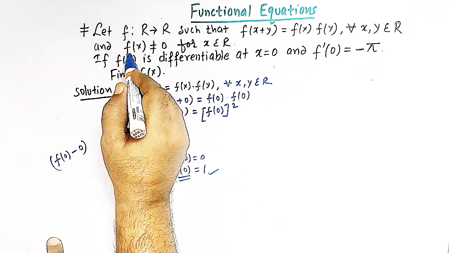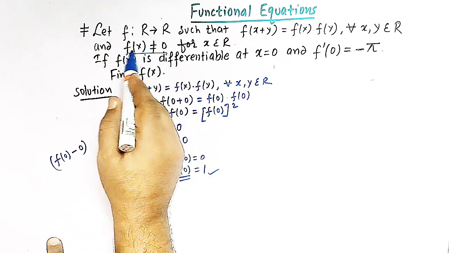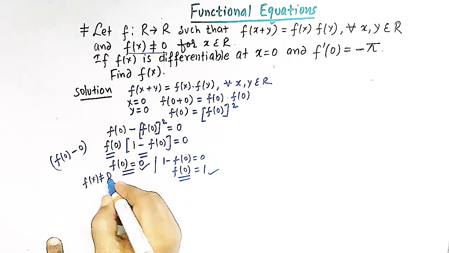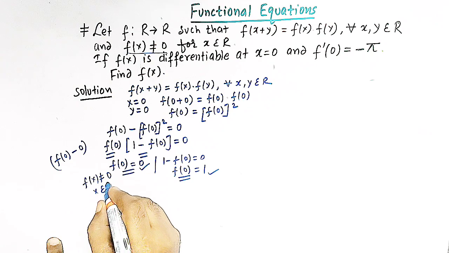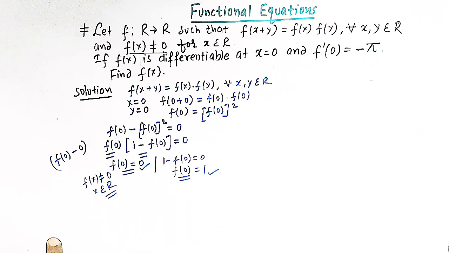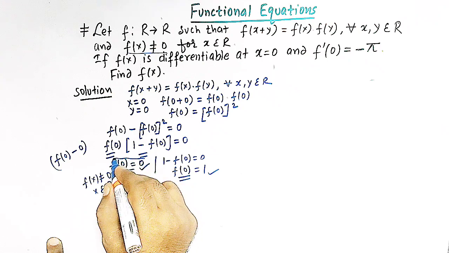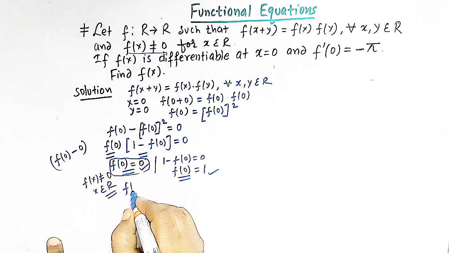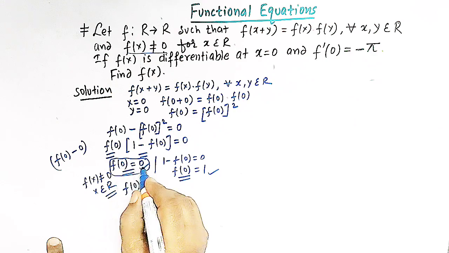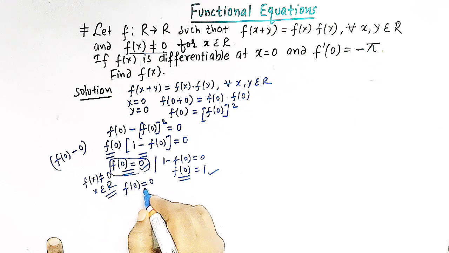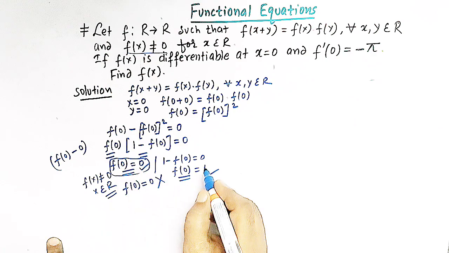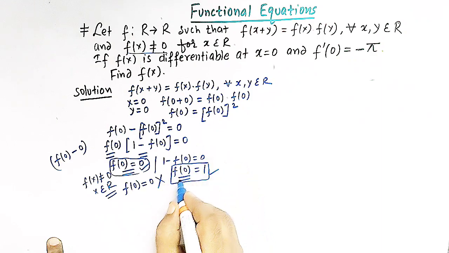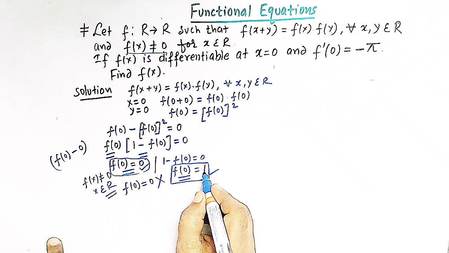Now see here we are given this condition, that is f of x is not equal to 0 for any x belonging to the set of real numbers. So here f of 0 cannot be equal to 0. So we'll discard this value, that is f of 0 is equal to 0, and will accept this one, because here f of 0 is non-zero, right?